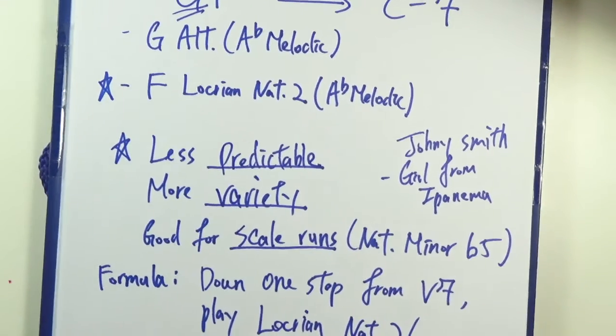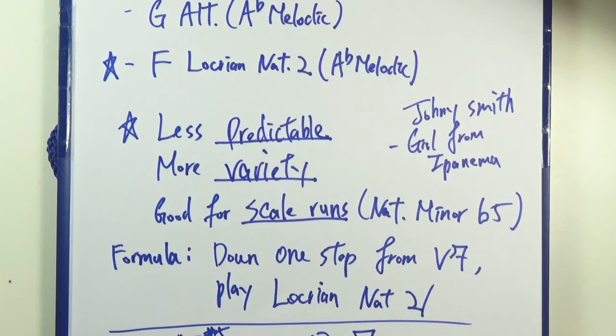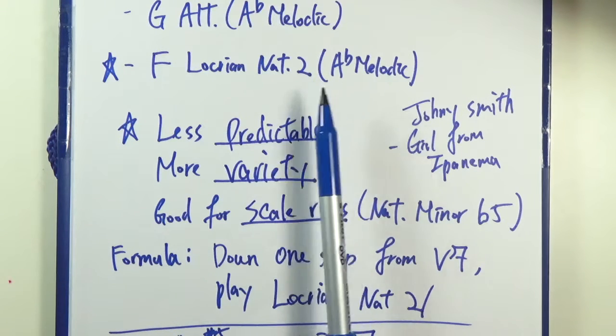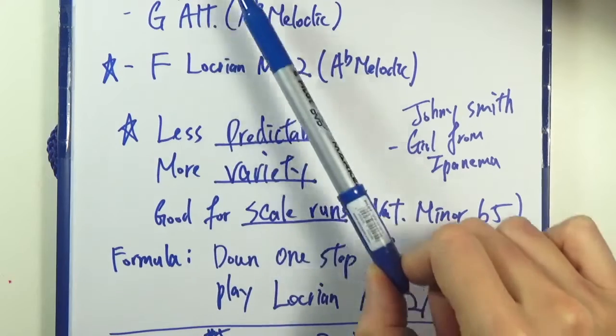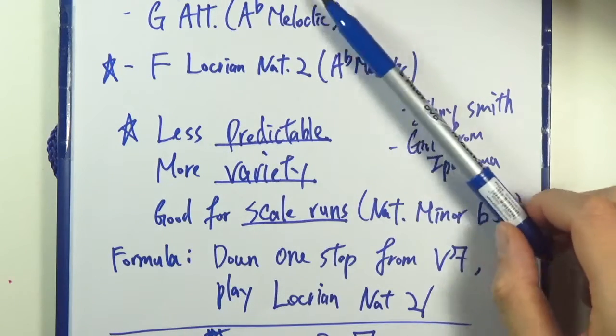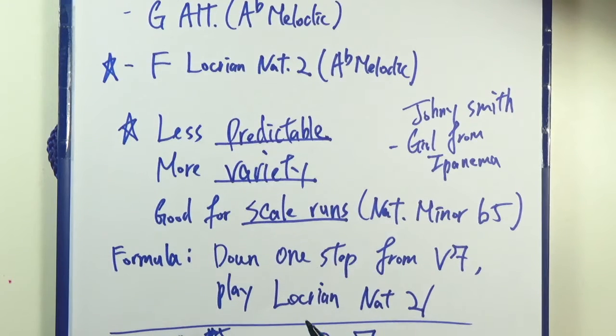So the pianist, when he was soloing over a resolving dominant 7 chord, was trying to produce an altered sound, but he did that by playing a Locrian natural 2 scale. So for a second, let's just assume that he was playing over a G7 chord going into C minor 7. What he did was he actually played F Locrian natural 2, with a scale run with a little bit of sequences to it.